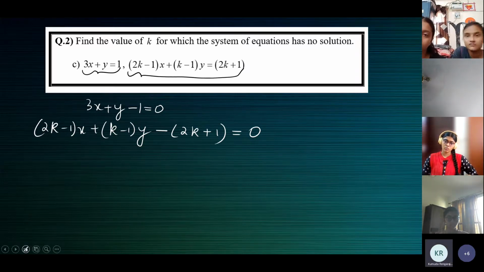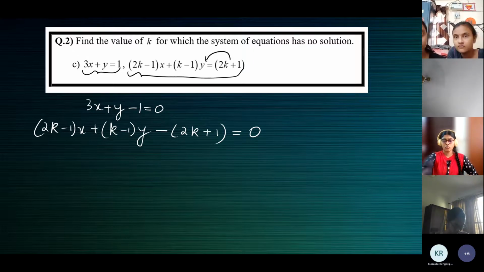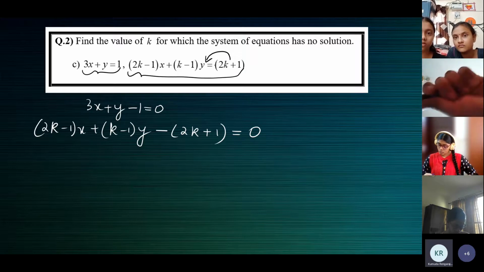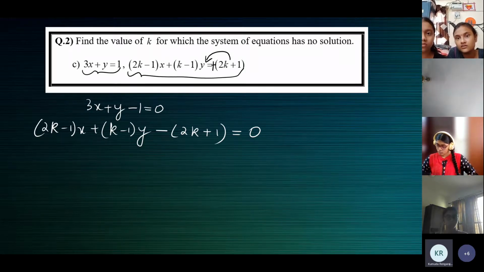Children, when you transpose 2k plus 1, bring it as it is within the bracket 2k plus 1, but here it's preceded by a plus sign. So that plus becomes minus. So you can see there minus of (2k plus 1).